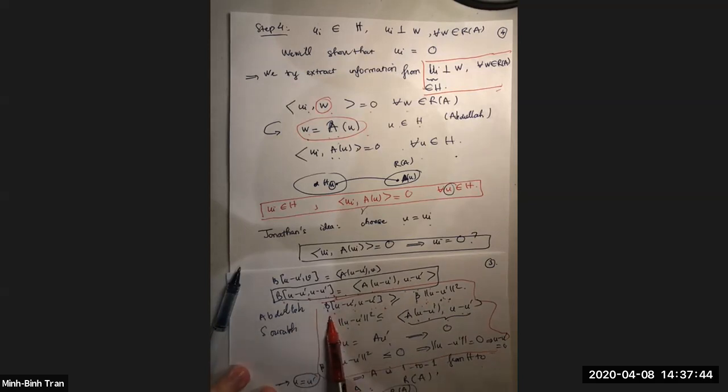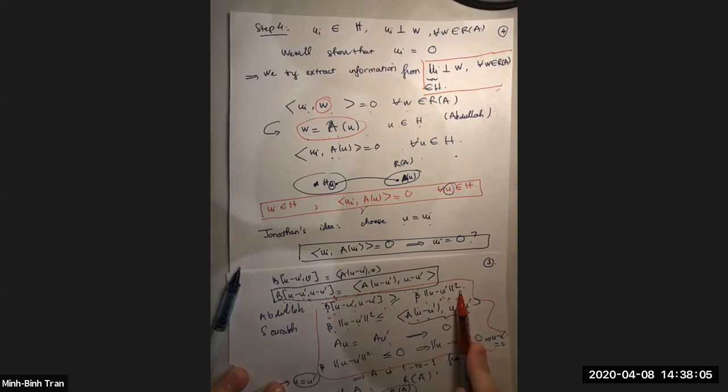In the previous discussion, Abdullah said that when you see this Au minus Au prime, you can go back to this b. And this b has a very nice property, which is the coercivity. So you have this b is bigger than beta times the norm of u minus u prime squared. You plug this into the left-hand side, then this is going to be smaller than Au minus Au prime. This is 0, which implies that u minus u prime is going to be 0.